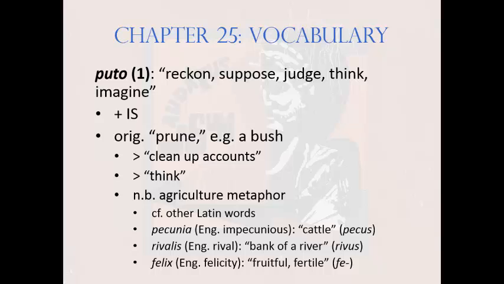And finally, felix, happy. Compare English felicity, meaning happiness, which stems from a term that means fruitful or fertile. These words show that the Romans' deep ties to the land have clearly shaped their language.